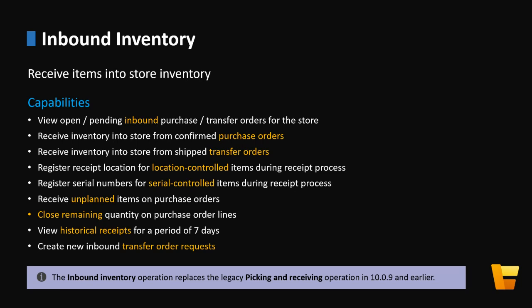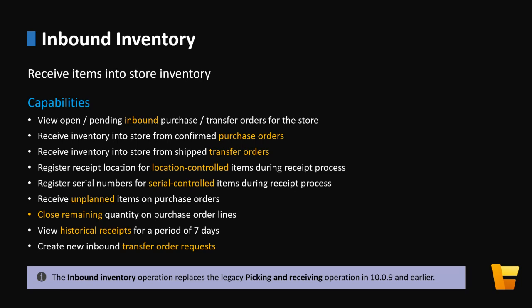In this operation, you can also check the historical receipt for a period of 7 days. And lastly, this operation gives you the ability to create new inbound orders to request inventory to be transferred from other stores or warehouses to your store.